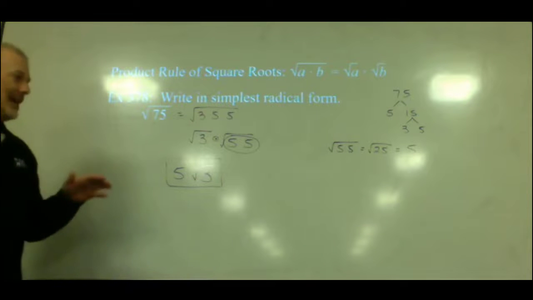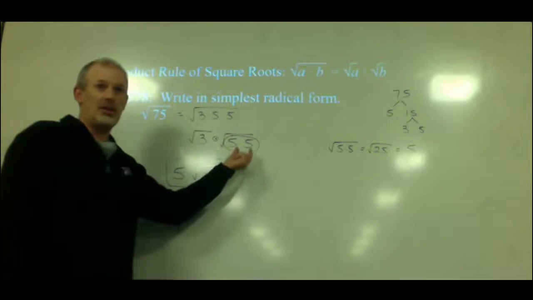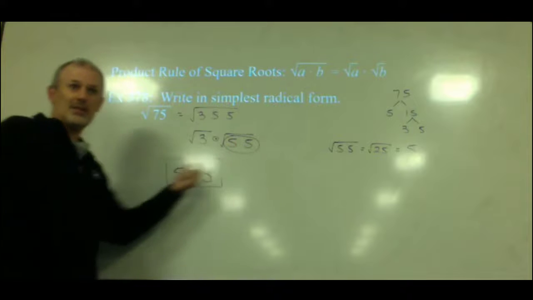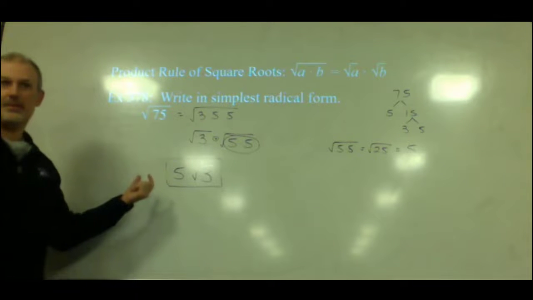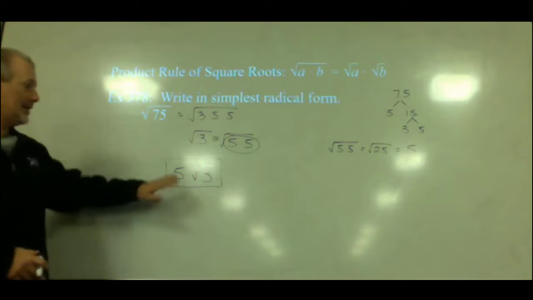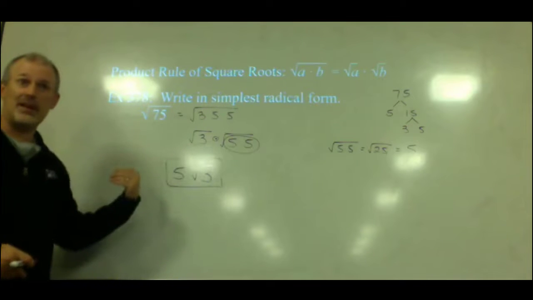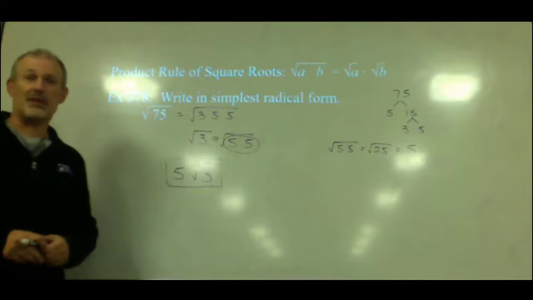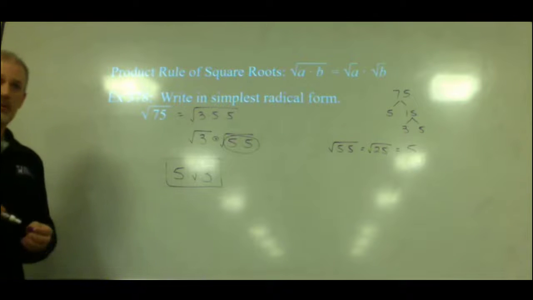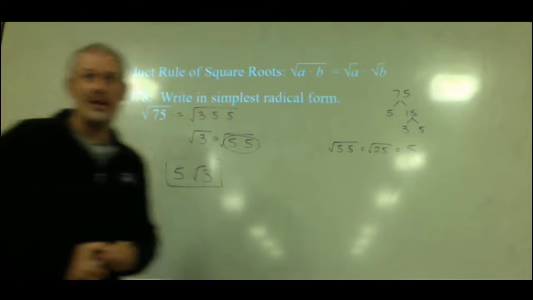Anytime you have a pair that match up, that's going to be able to come out of the radical. This is an example of simplest radical form, where we get as much out of the radical as we can, and whatever's left, we leave inside the radical. That's one example.